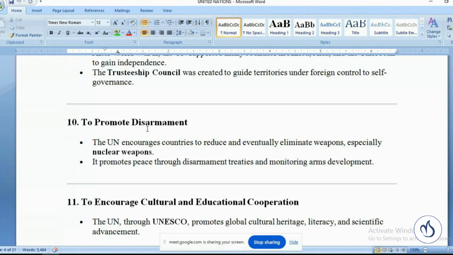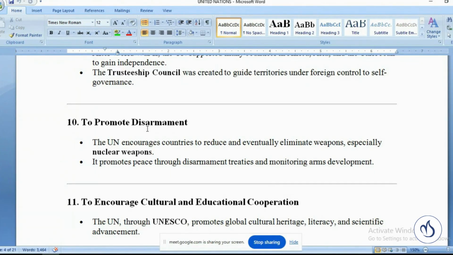So if they disarm that president, the pride will reduce. He will not fight with nuclear weapons. So the UN encourages countries to reduce the manufacture of those weapons.